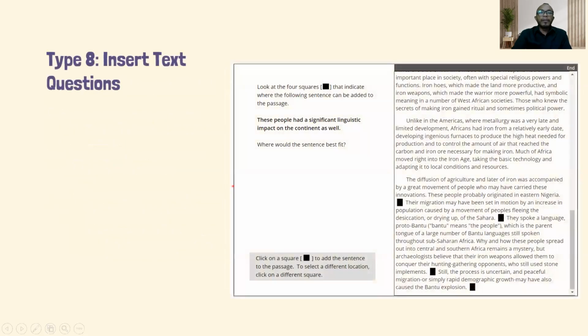All right, moving on to the eighth type. Now, the eighth type is the insert text question. And as the name already explains itself, it will ask you to insert a text into the parts indicated in the passage.